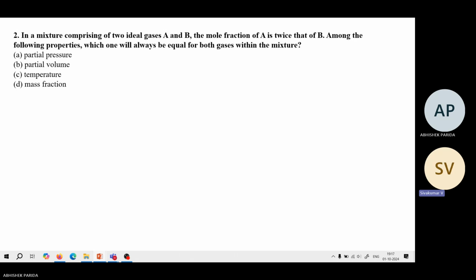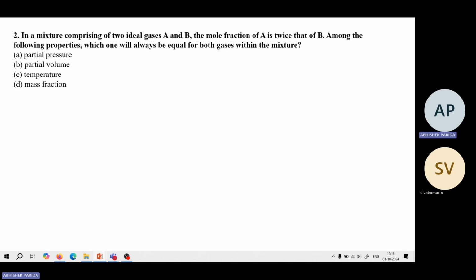The temperature, sir. Temperature of the substance. Yeah, so the correct answer is temperature, because as I already said, whenever there is a mixture of two gases, we can find the partial pressure, because based on the amount of gas that a container has, it will exert pressure.